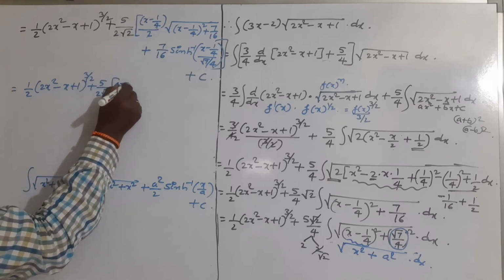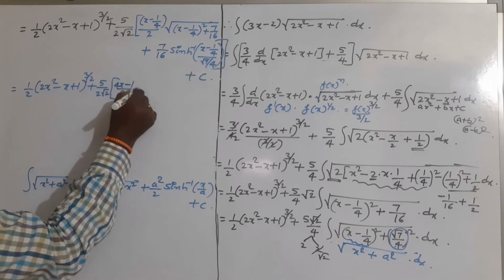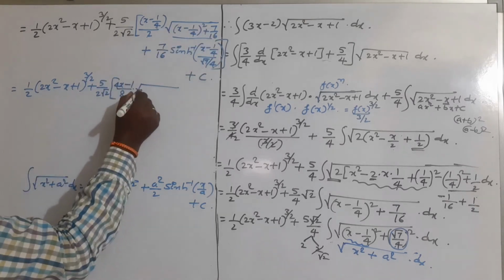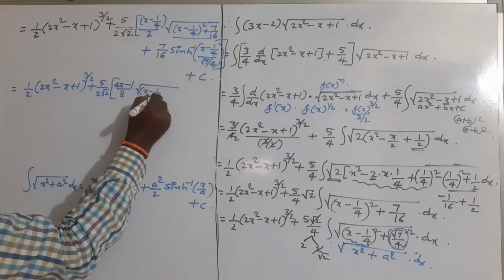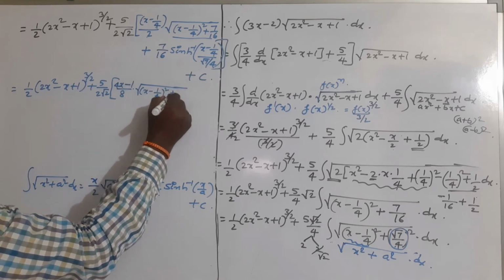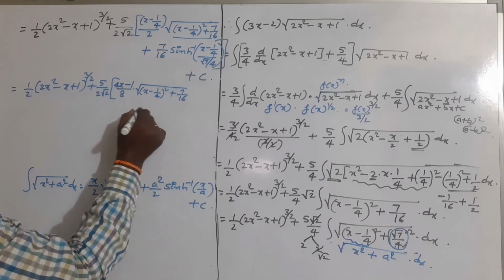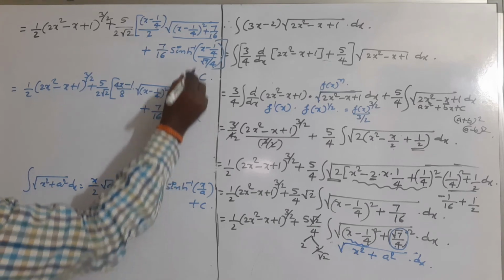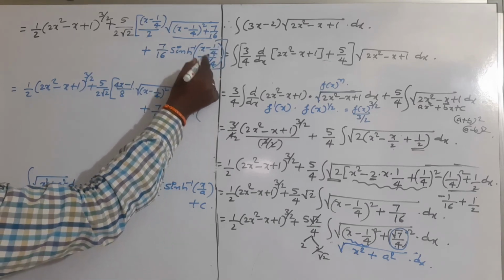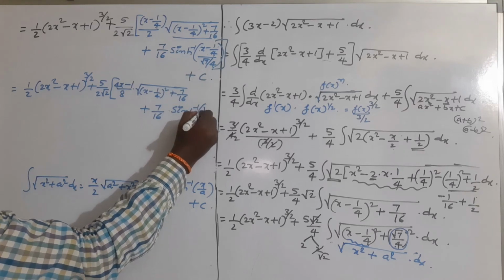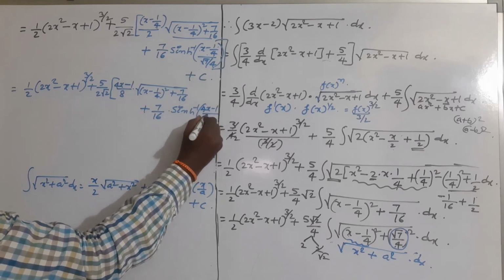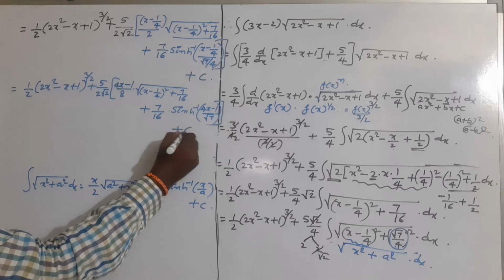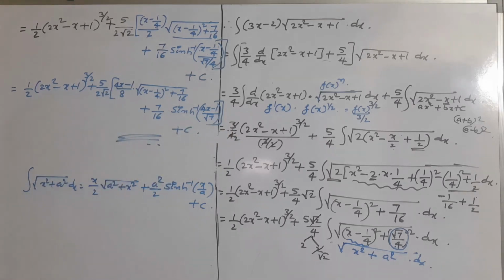So it can be written as (4x minus 1) by 8 into root over, write this same term, (x minus 1 by 4) whole square plus 7 by 16, plus 7 by 16 into sinh inverse of, by taking the LCM here, (4x minus 1) by 4, this 4 gets cancelled after the LCM. So (4x minus 1) by root 7, close the brackets, plus c. This is the result of the given integration. This step is enough. Okay, the remaining calculations are not necessary here. Thank you very much.